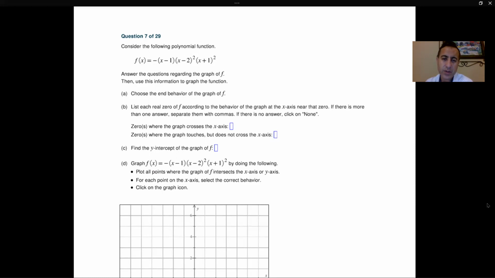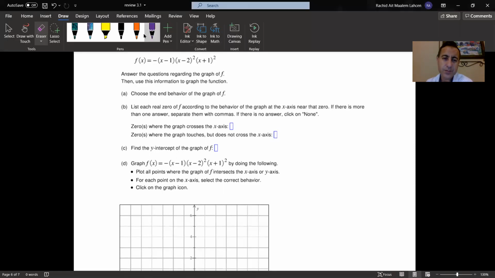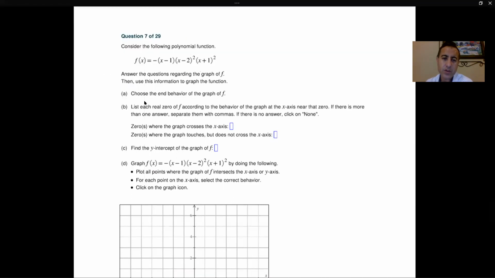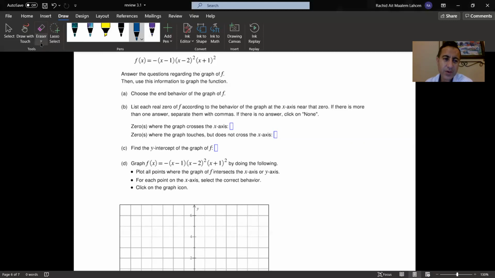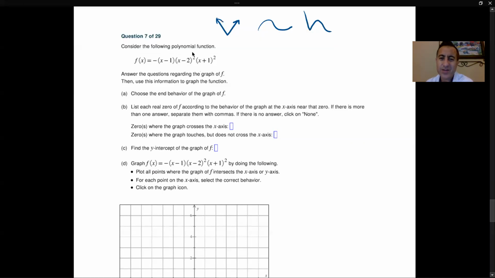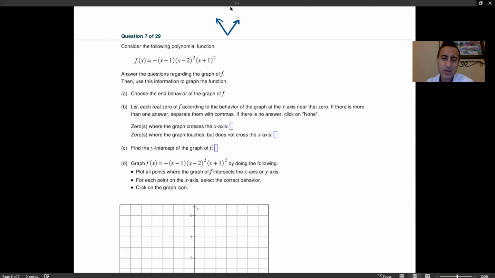So you're not going to be graphing something like this, right? It's a smooth curve. You know, I did a corner there. I'm trying to say that we're not going to have any corners, right? It's a polynomial.